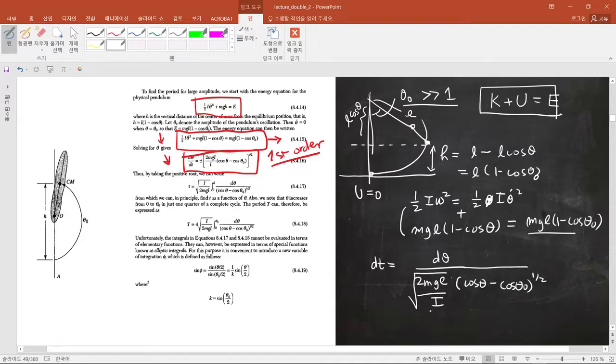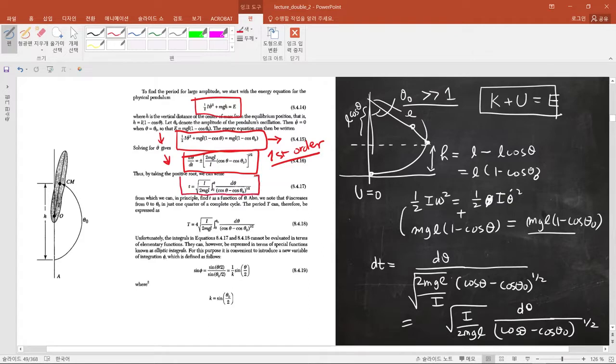Okay, so just put this into the numerator. You have the square root of I over 2 mgl, d theta over cosine theta minus cosine theta 0, to the 1/2. So that is this result.